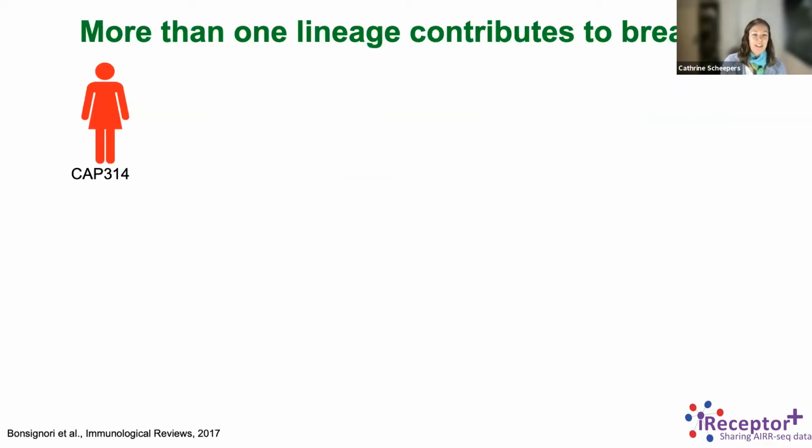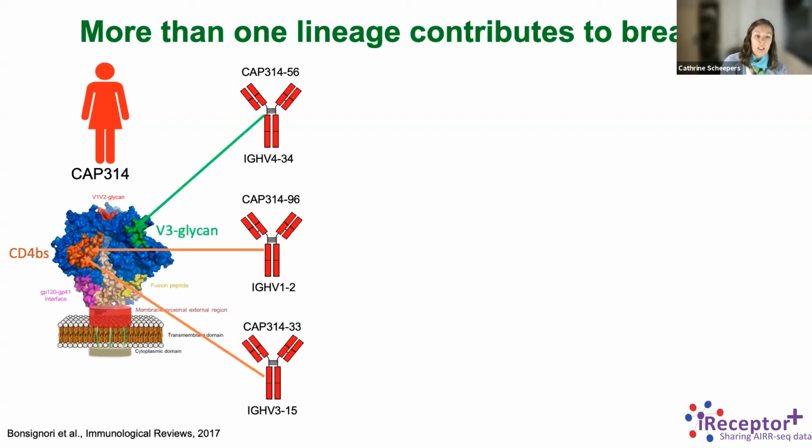Also, up until this point, I've been talking about tracking a single antibody lineage within a donor. But individuals mount multiple antibody responses to HIV and other infections. In this particular donor, we tracked 3 different lineages, two of which target the CD4 binding site and one a glycan on the V3.